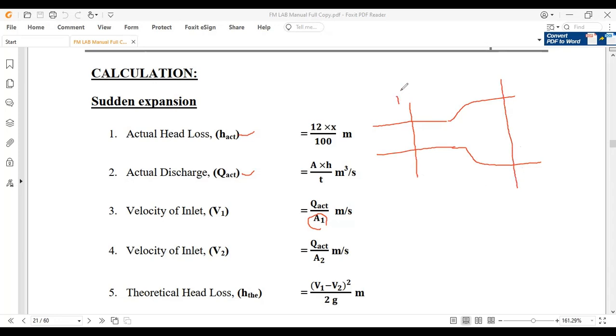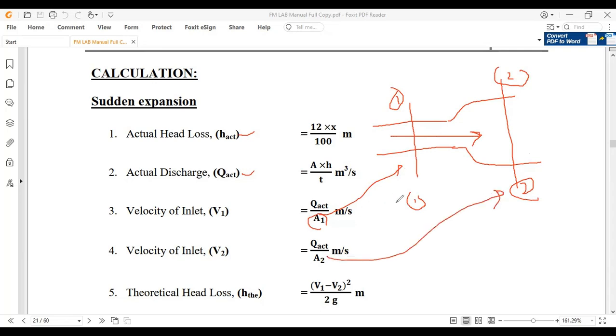A1 is this position, A2 is this position. Calculate the corresponding areas. We know D1 and D2, which are taken from the specification panel. Substitute here and you will get V1 and V2. Already we calculated the H actual, the head loss, and the H theoretical can be calculated using V1 minus V2 whole square by 2g.